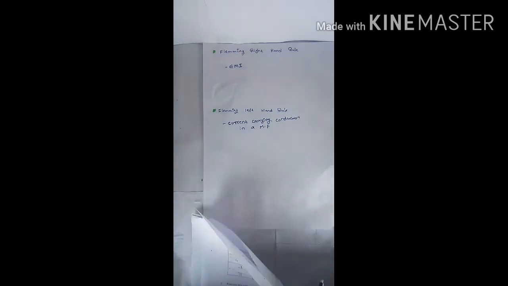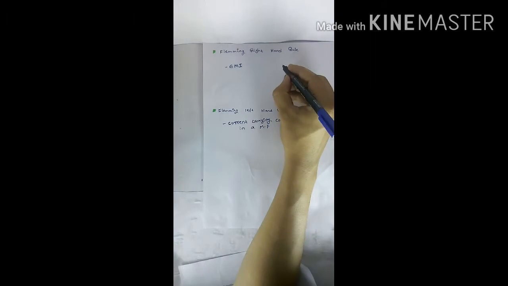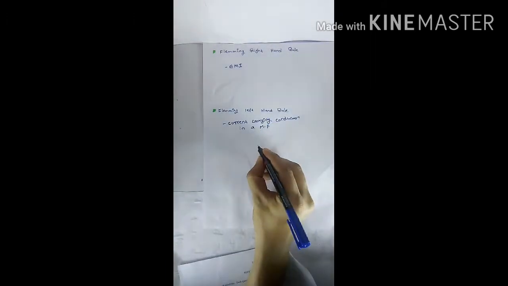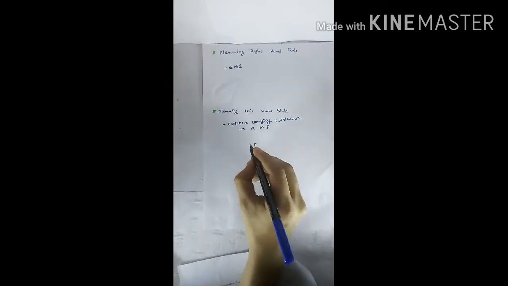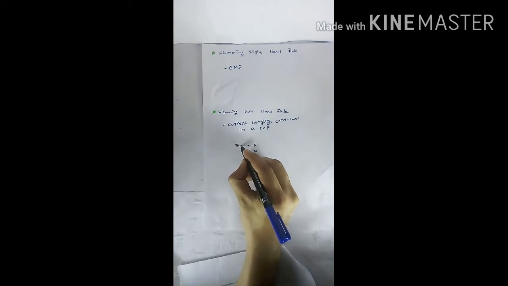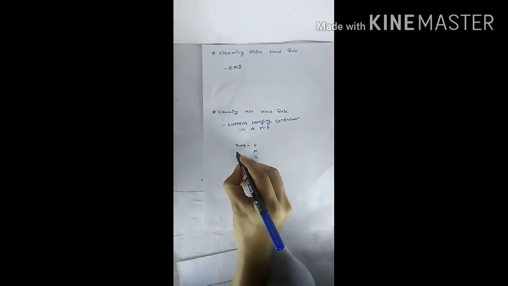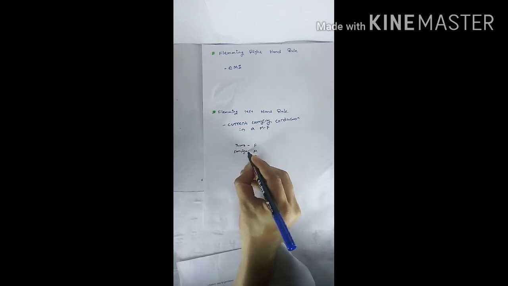Before beginning this, I will give you a notation that you can remember while using your fingers. That is, father, mother, child. It is in the order thumb, forefinger, middle finger.